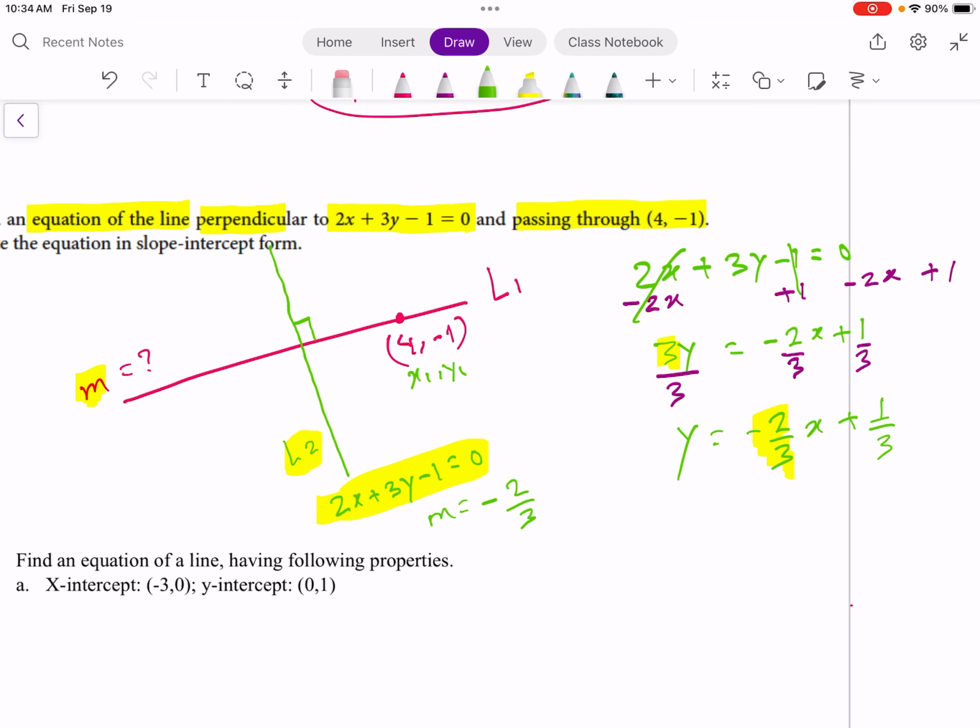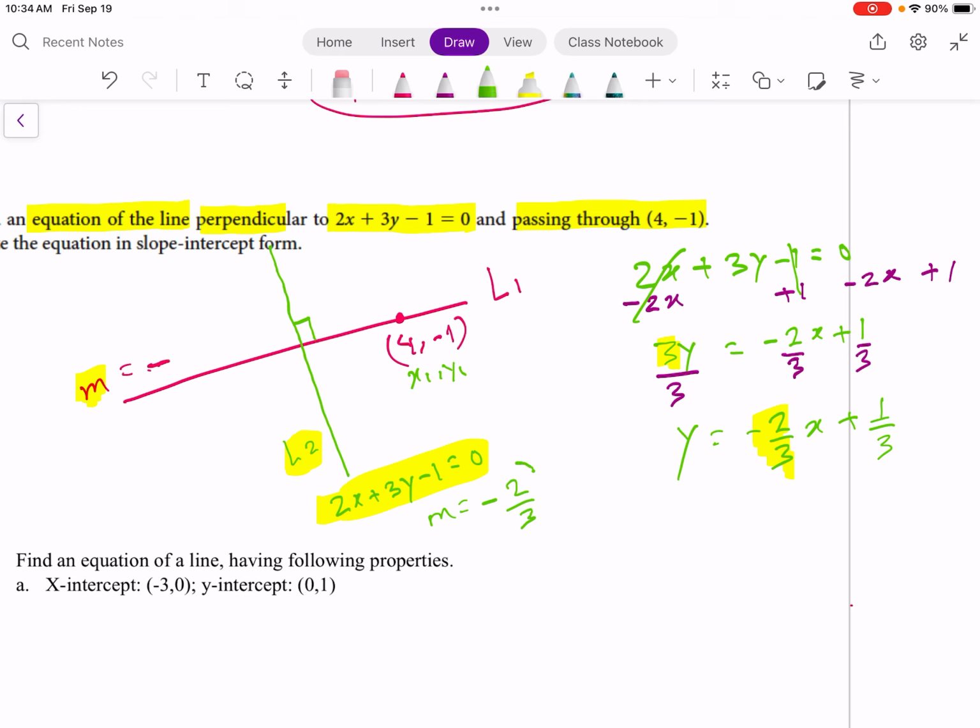Now we know the slope of line 2. The first line and the second line are perpendicular to each other. If they are perpendicular to each other, then, write down the negative, the slope of L1 is equal to the negative of the reciprocal of the slope of the second line.